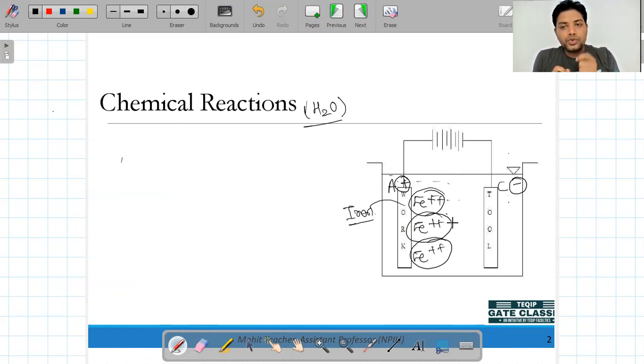Whatever tool we are using in this ECM, we keep the property that before the tool starts releasing negative ions, the electrolyte should start releasing the ions. When we select both the electrolyte and the tool material, we keep this in mind.